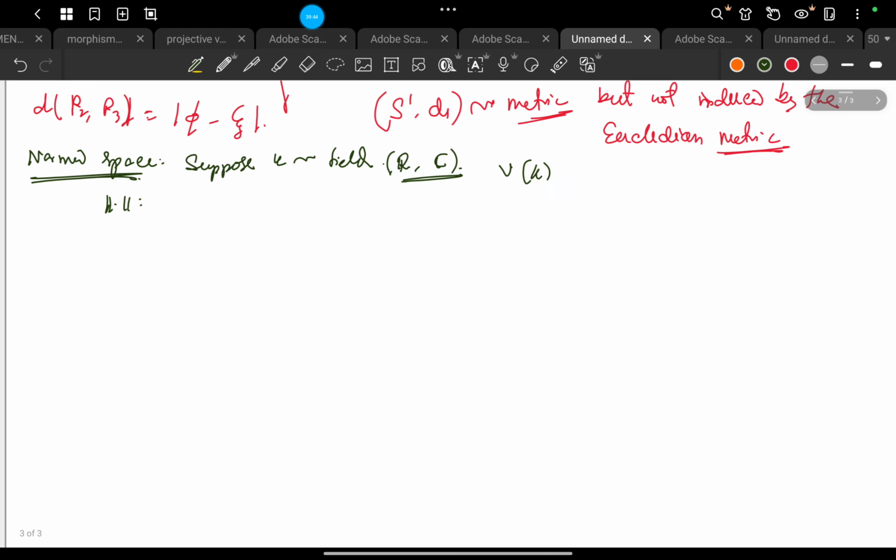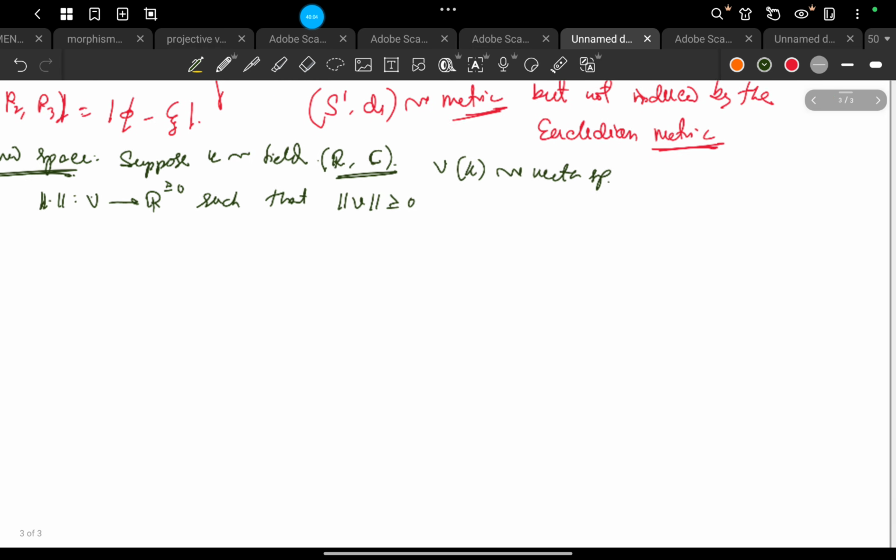Let's say V is a vector space over K. We define a norm as a mapping from V to R. Of course it is larger or equal to 0, that says that norm of v is always larger than or equal to 0 for all small v belonging to capital V, and norm v is equal to 0 if and only if v is equal to 0. First one.